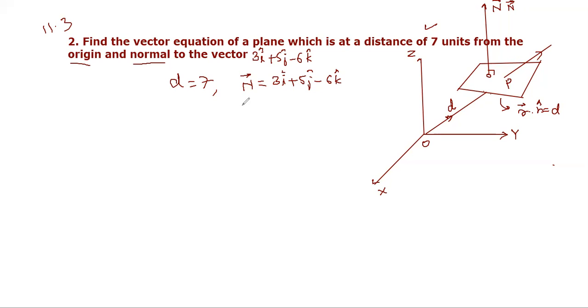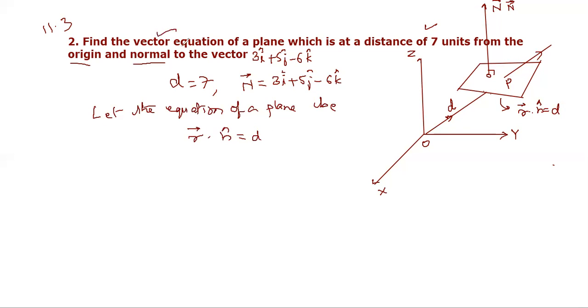So now this n should be converted into n cap, and we can use the formula, because this is the condition. So we should write like this: let the equation of a plane be r dot n is equal to d.